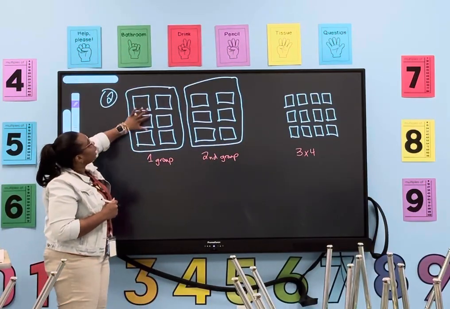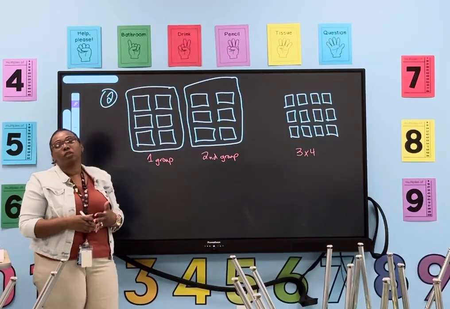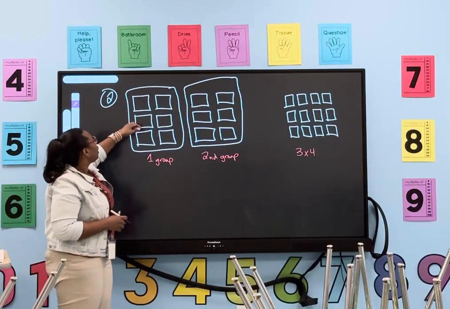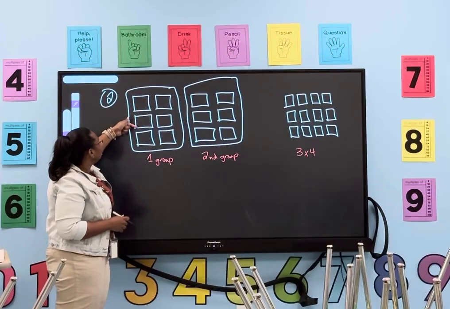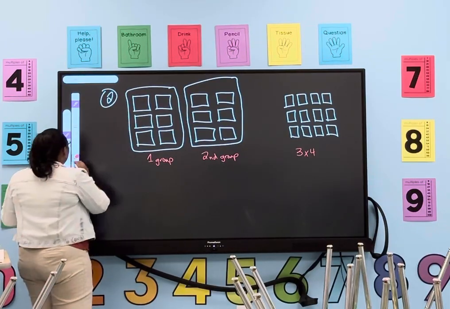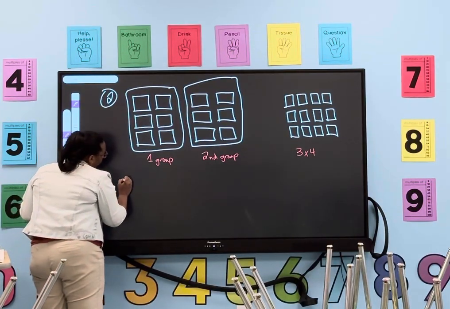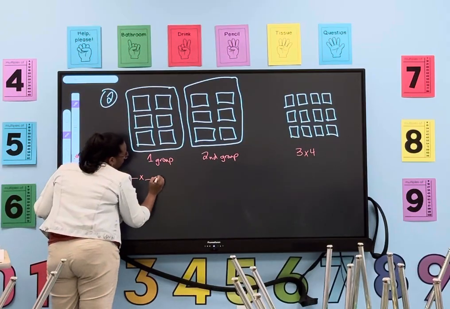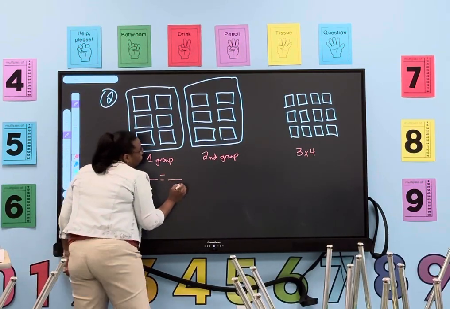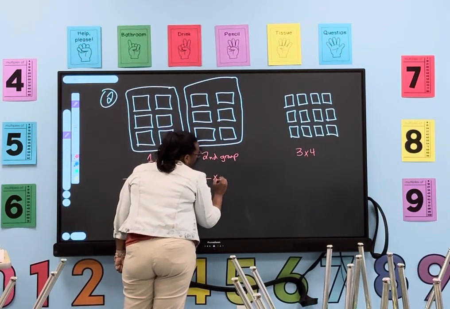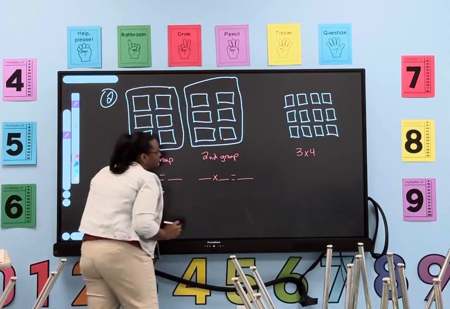If I was to write a multiplication sentence for this first array, well, I see I have 1, 2, 3. So before I do that, I'm going to write the blanks for my multiplication sentence for each one so that we know what goes where.